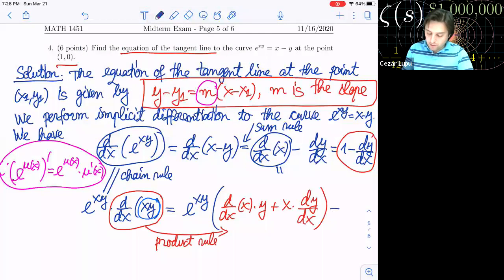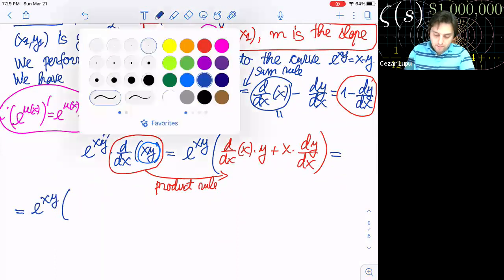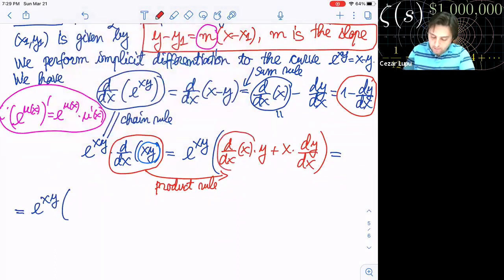Okay, so this would give us e to the power xy times this guy here, which is 1. So this would be y plus x dy over dx.